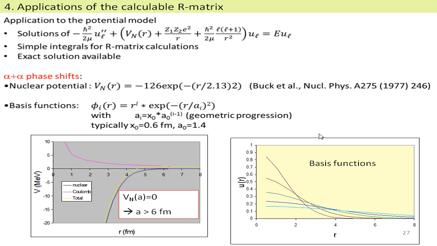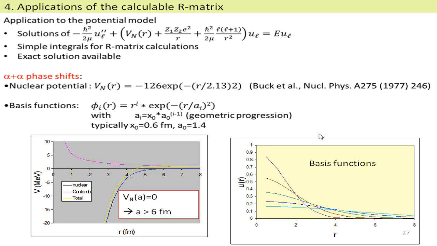This is the set of the basis functions, and this is the potential. In pink you have the Coulomb potential, as a function of the alpha plus alpha distance. The blue curve is the nuclear potential, which corresponds to this Gaussian, and the yellow curve is the sum.